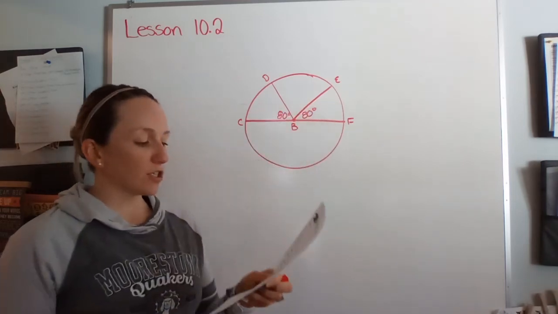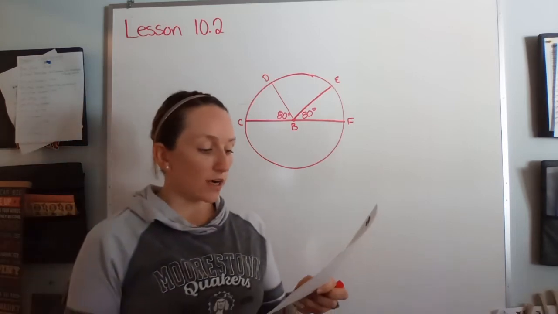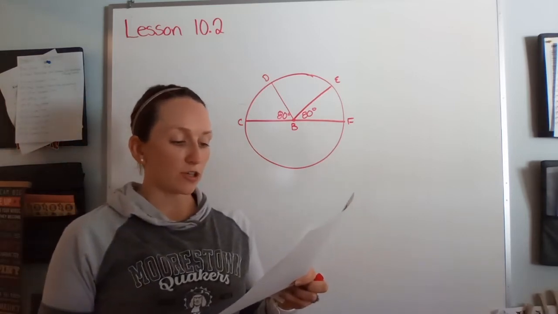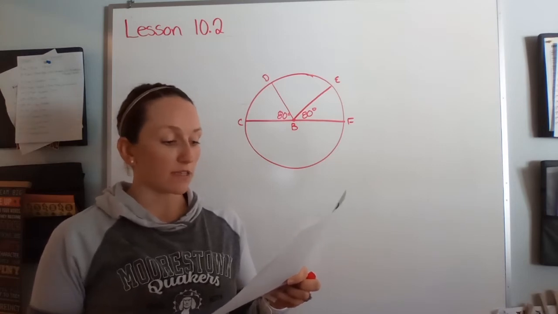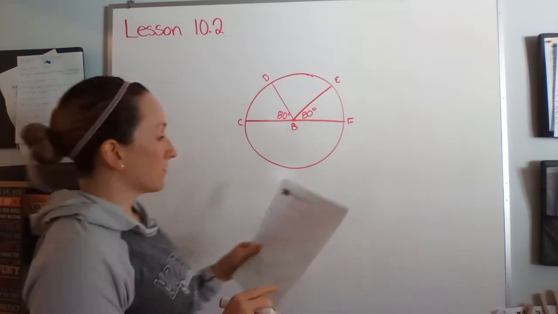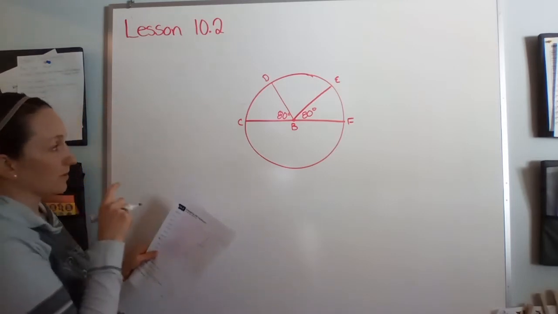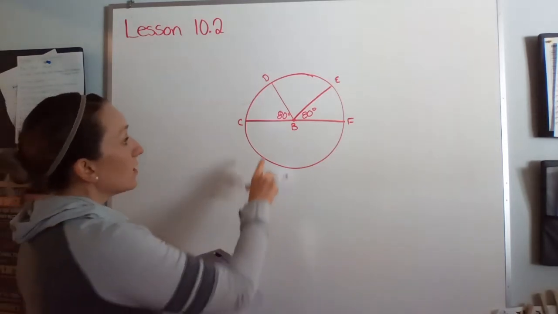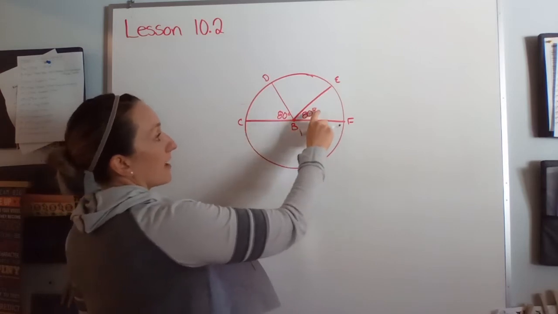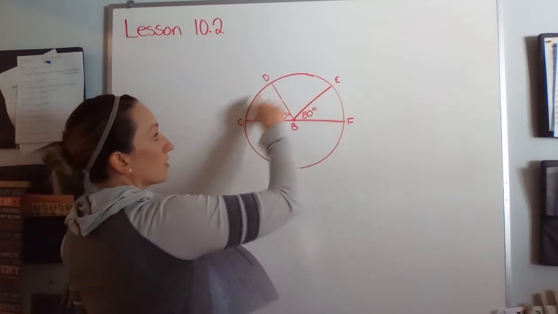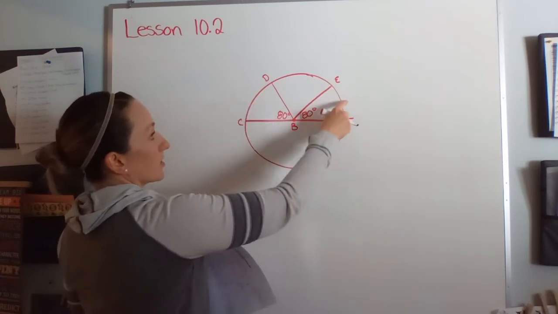So the definition of congruent arcs says arcs that have the same measure and arcs of the same circle or congruent circles are congruent. So because both of the central angles are 80 degrees, that means that the arcs are also 80 degrees. Therefore, the arcs are congruent.